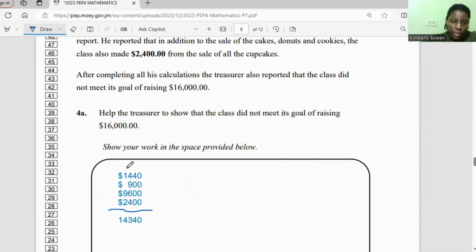And put the 4 up here. So the correct answer here is 14,340.